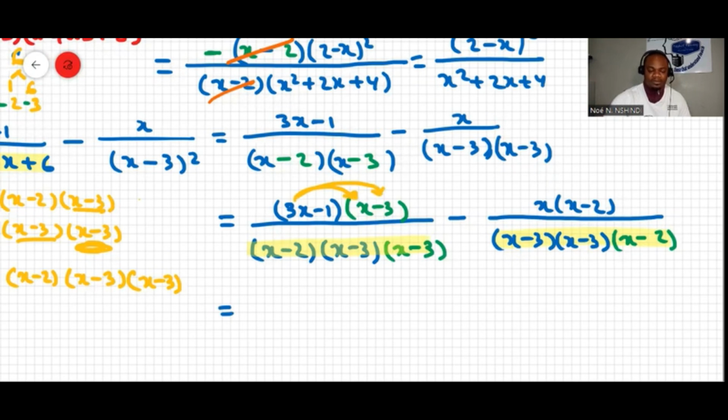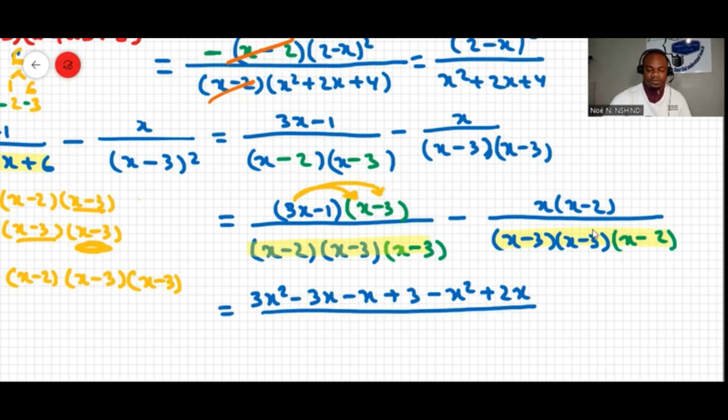So 3x times x makes 3x squared, times -3 makes -9x, and then 1 times x makes -x, 1 times -3 makes +3. And then over there, -x times x makes -x squared, and -x times -2 makes +2x, because this sign here affects everything there, over the denominator x minus 2, x minus 3, and then x minus 3.